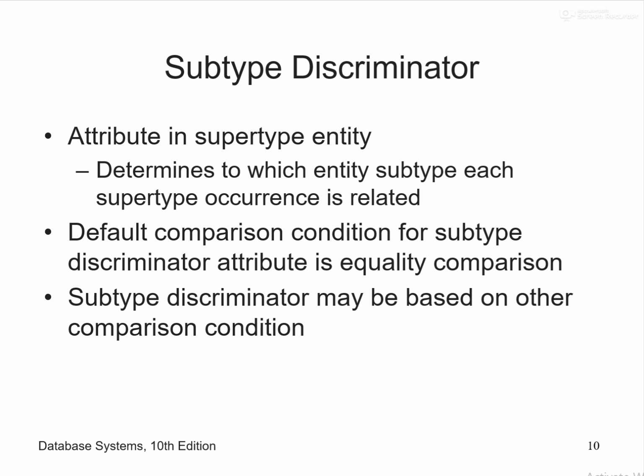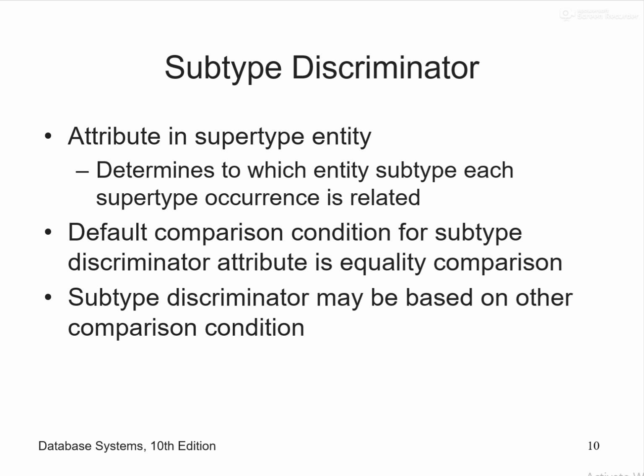Okay, also the default comparison condition for the subtype discriminator attribute is the equality comparison. However, in some situations, the subtype discriminator is not necessarily based on equality comparison. We can consider an example based on business requirement. You might create two new pilot subtypes, like pilot in command qualified and co-pilot qualified only.